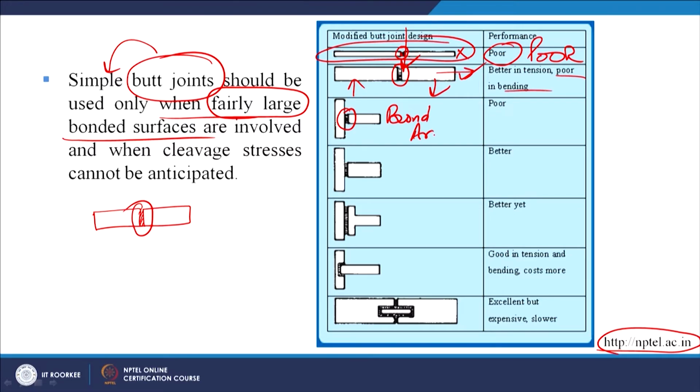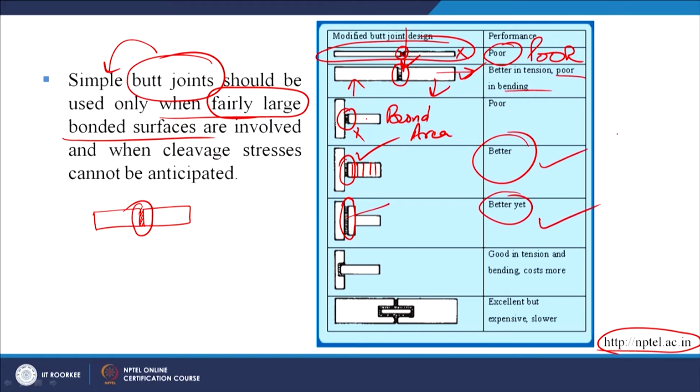So we have to ensure that the bonding area is significantly large. Here this adherent is thicker, the area is more as compared to this: less area, more area, so performance is better. It is even better, you can see the increase in the bonding area here.